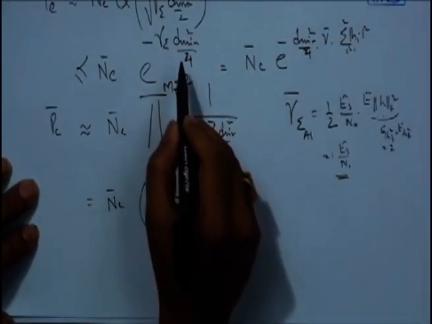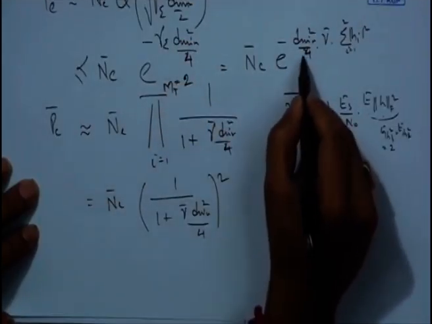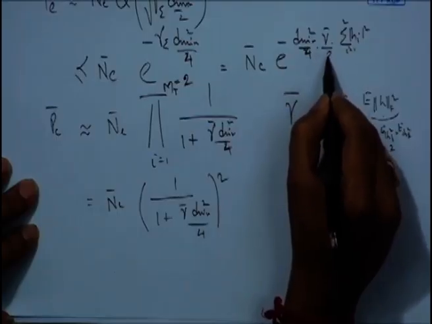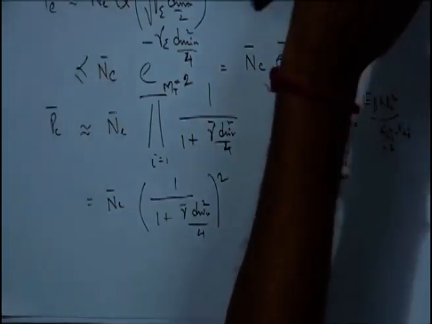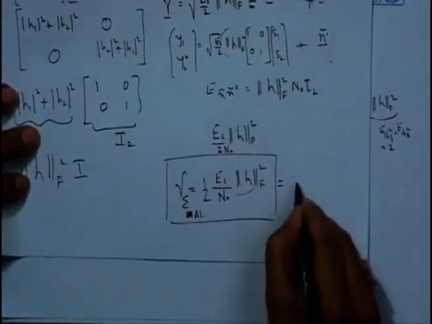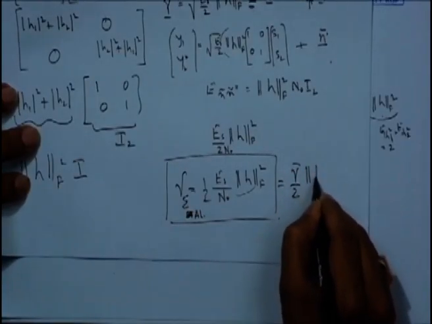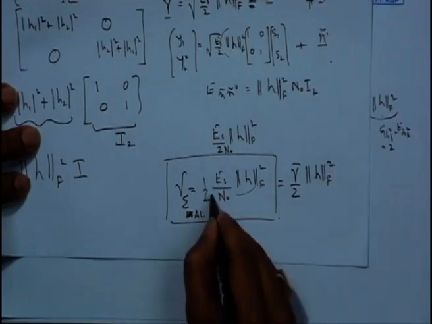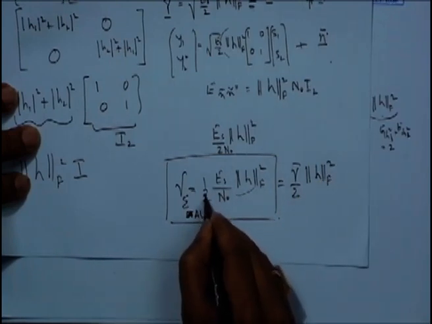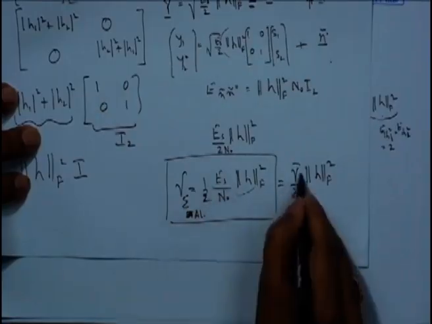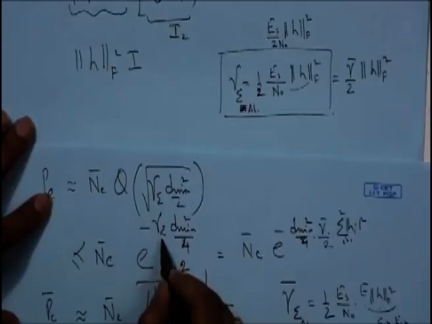So we have missed out a 2 over here, so this would be gamma bar by 2, because this particular expression is gamma bar by 2 times h_f squared. This 2 we had missed out, this 2 comes over here, this Es by N naught comes over here. So when we take this expression, this is fine.